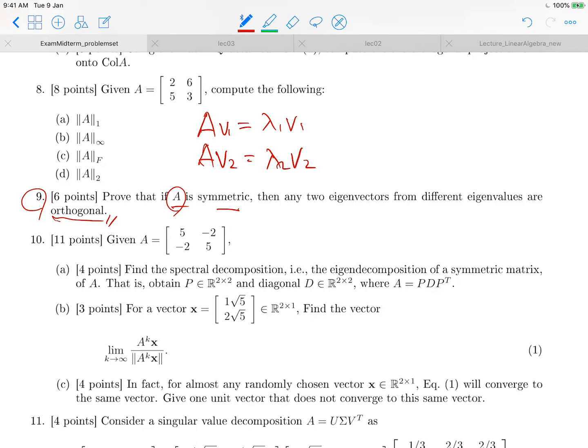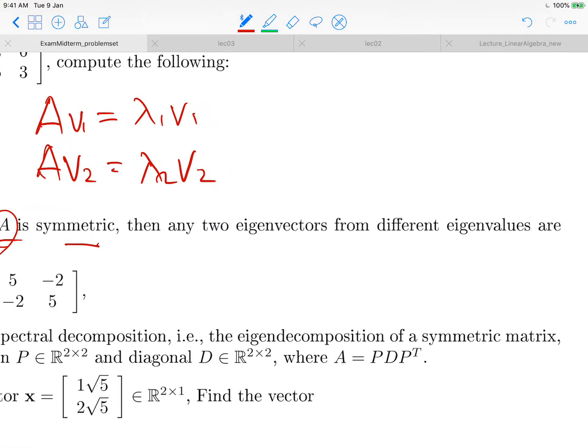Does anyone know the proof? Lambda 1 and lambda 2 are different, and we want to show that V1 and V2 are orthogonal. I'm trying to remember how we prove it.